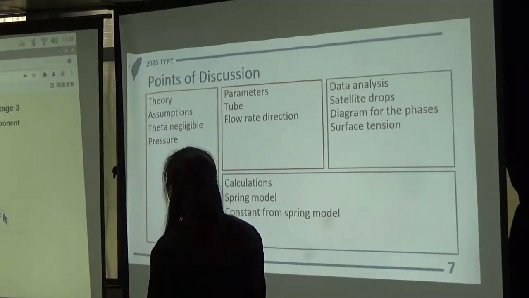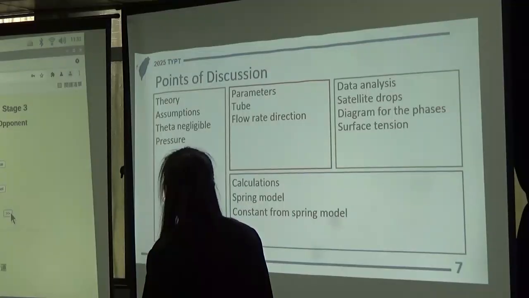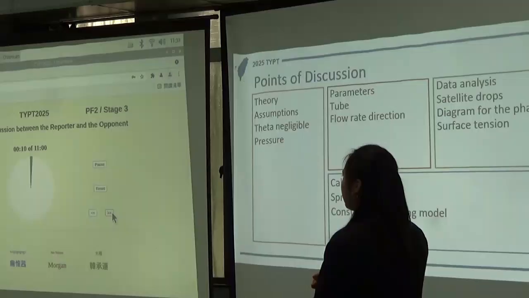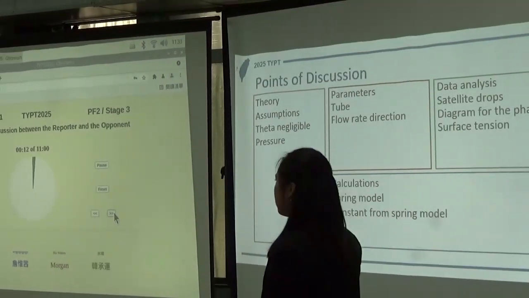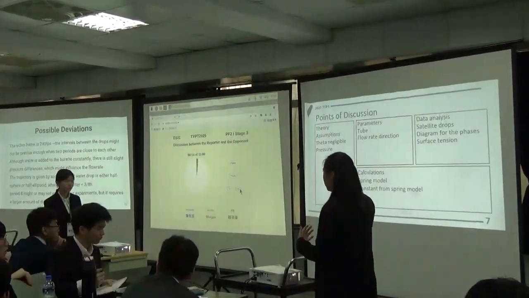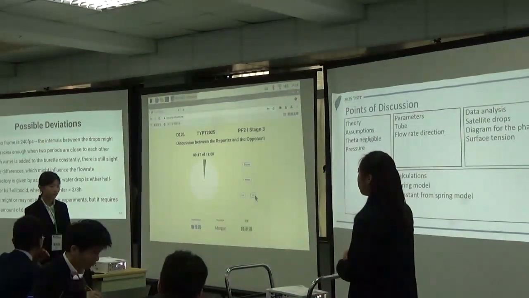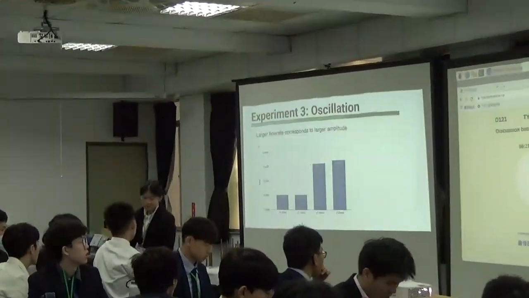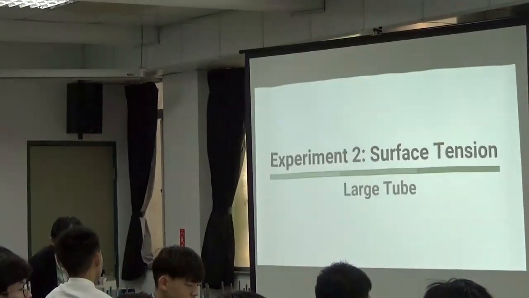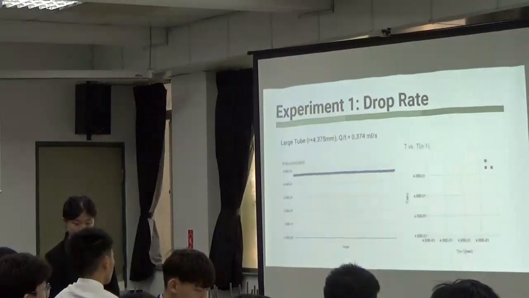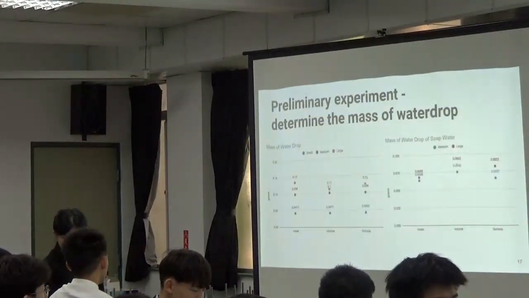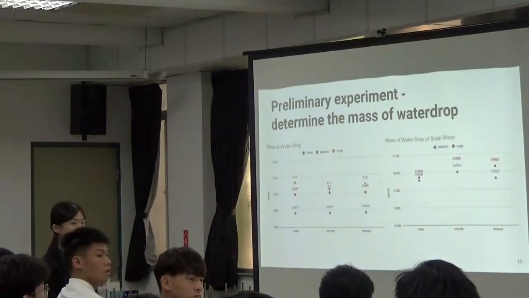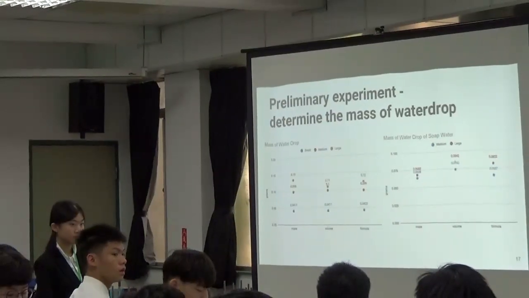Okay, so I would like to question your parameters. First of all, you use a tube, and as shown in one of your slides, which does not have page numbers, could you go to the slide that shows your experimental diagram? The one where you showed a photo of the experiment.